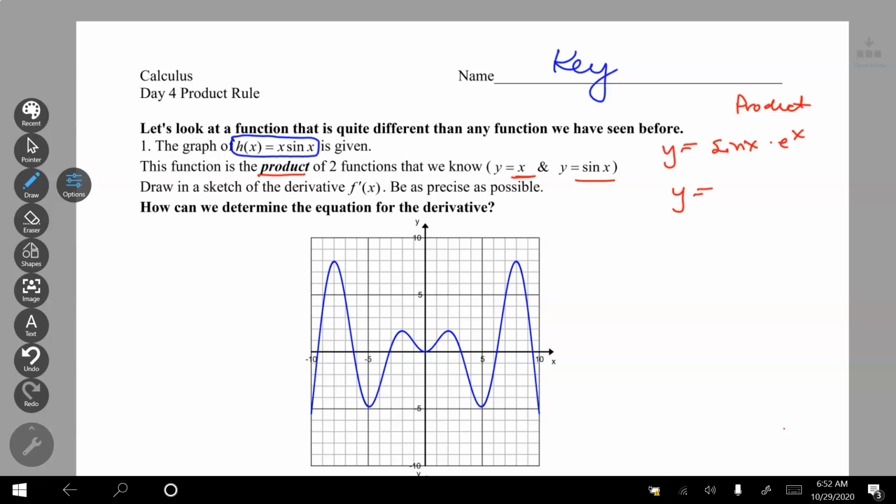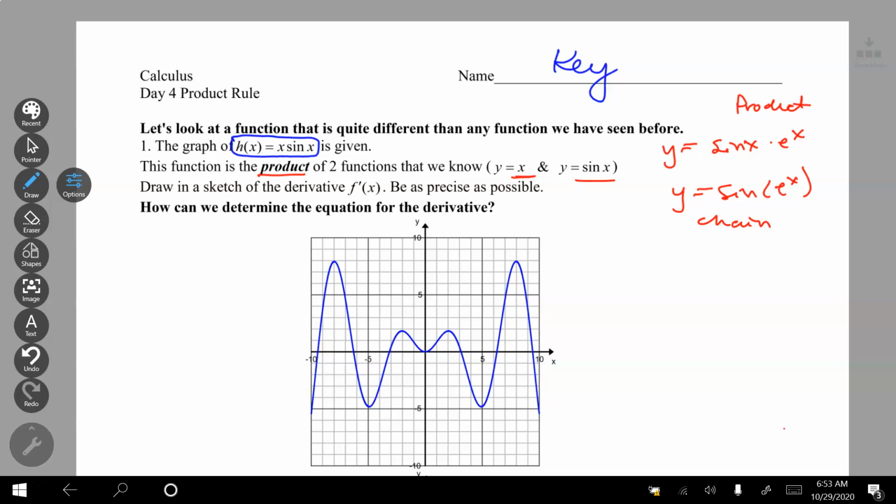But if I have y equals sine of e to the x, this is a chain rule. This is a function inside of a function, and the first one is a function multiplying another function. And to me, the big giveaway is that you're going to have the variable x a couple times multiplying each other.